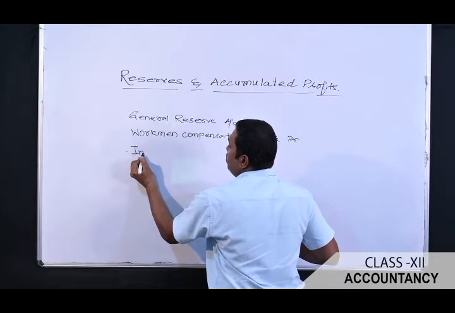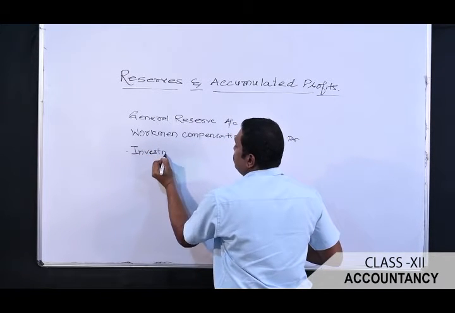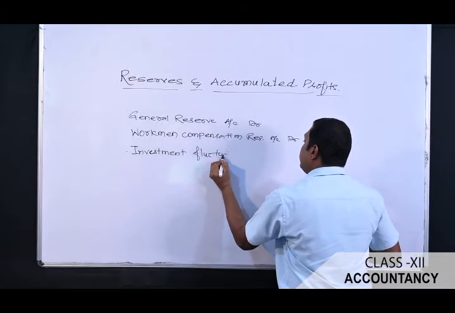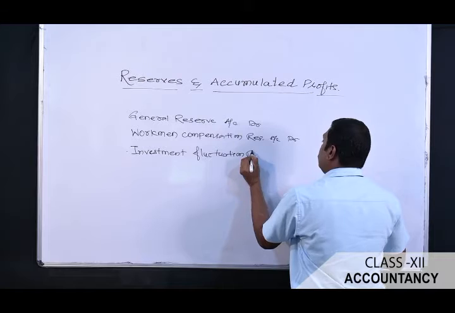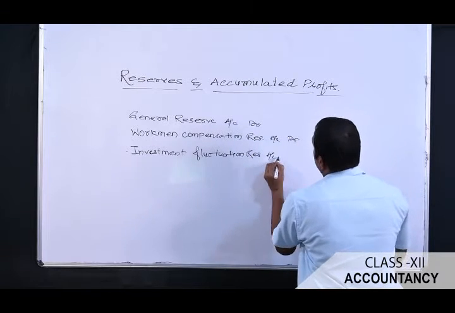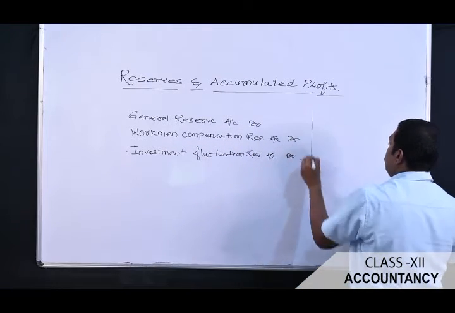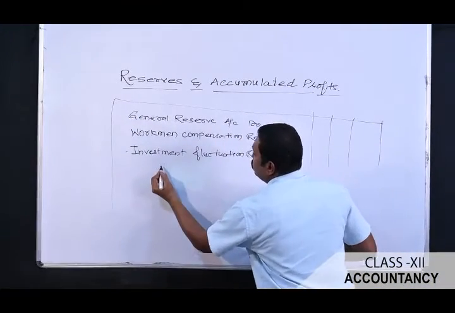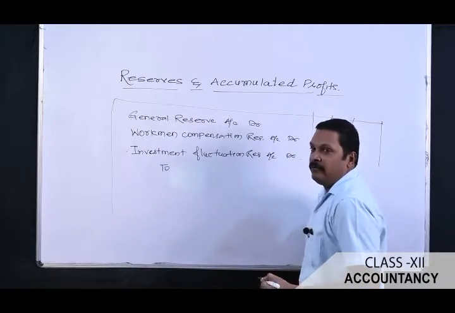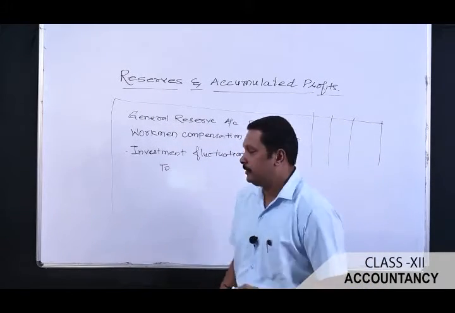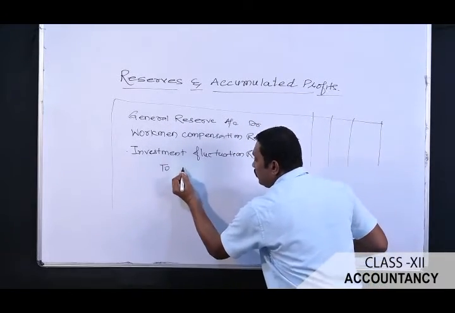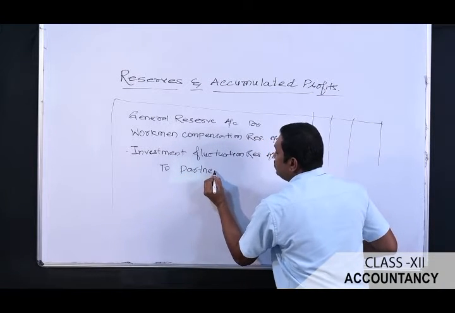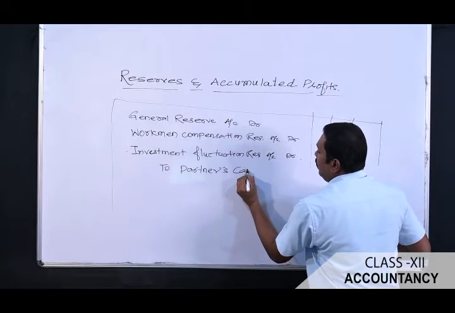Otherwise, one more reserve may be there: investment fluctuation reserve account debit. For example, if there are three partners, we have to distribute to each of them. Otherwise, we can write here simply partners capital account.